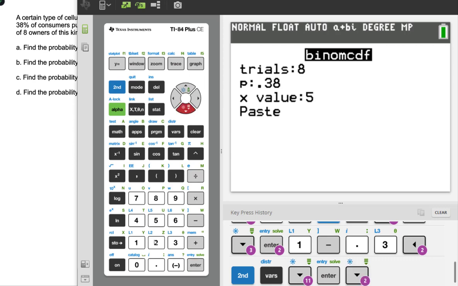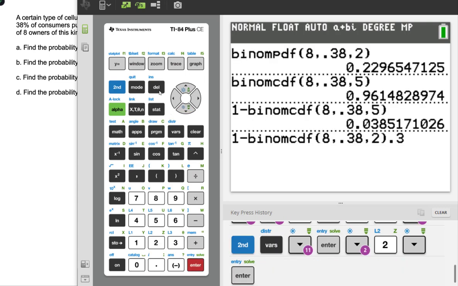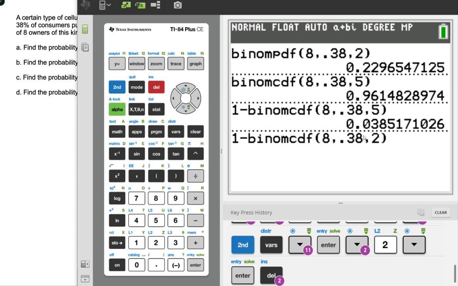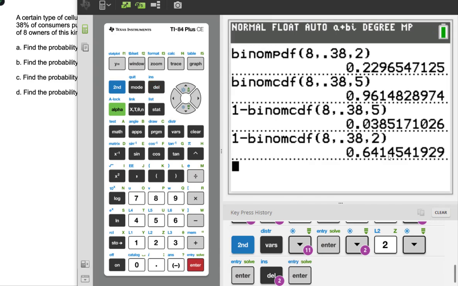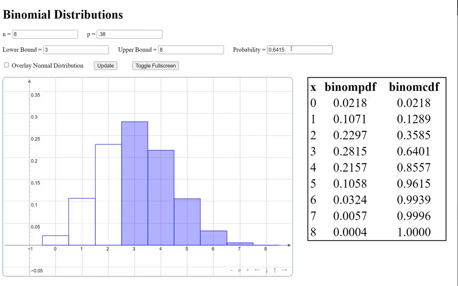The x value should be 2. So then we paste that to the home screen. Oh, and I've got that 0.3 there that I don't need. I'll take that away. All right, so 0.6415. And if we look at this sum right here, that agrees. So we did get the correct answer.